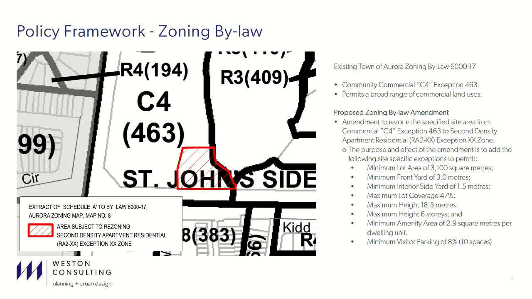However, there will be exemptions requested relating to interior and side yard setbacks and providing for an increased height to 18.45 meters and a lot coverage of 47%. I want to clarify that there are no exemptions being requested for parking reductions on this site. And I will speak to that in a moment as we go through.